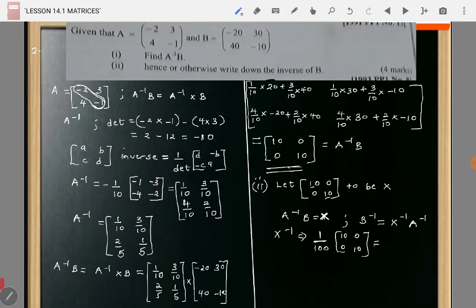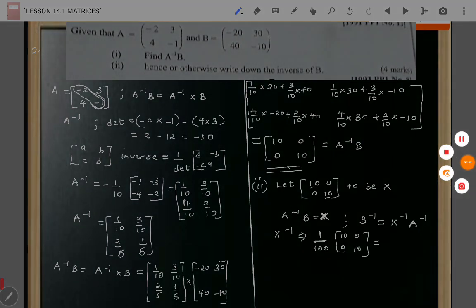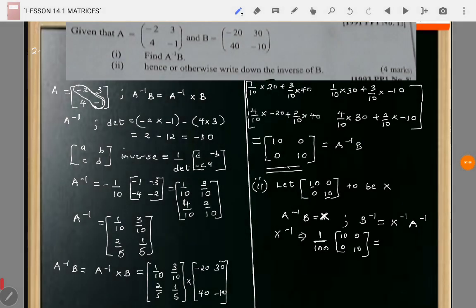This will give us [1 over 10, 0; 0, 1 over 10].